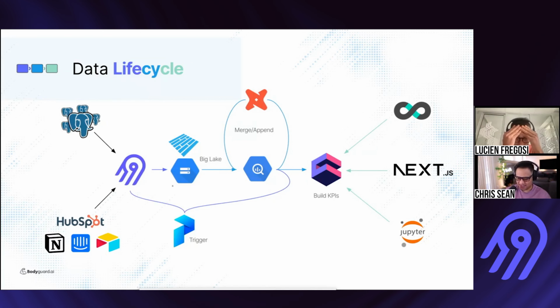So let's start again. Like I said, everything is triggered by Prefect. Airbyte sends and stores Parquet files on BigLake. We are using dbt to merge the newly arrived data and set up our two different layers. And then based on the raw data, we use Cube to define all the KPIs.